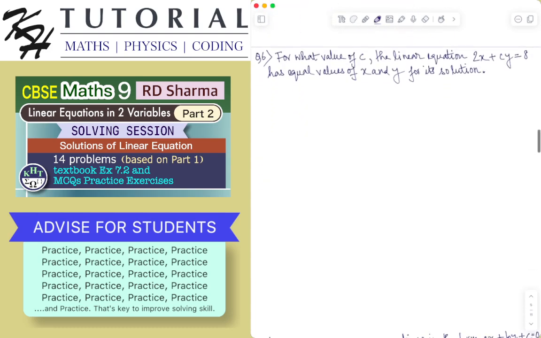Question number 6. For what value of c does the linear equation 2x plus cy equals 8 have equal values of x and y for its solution?